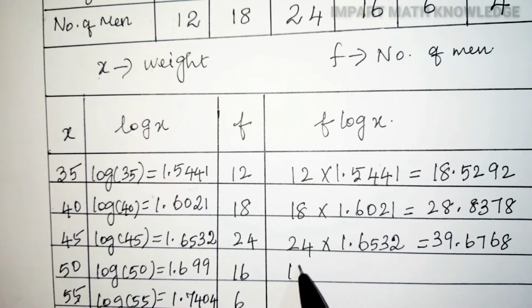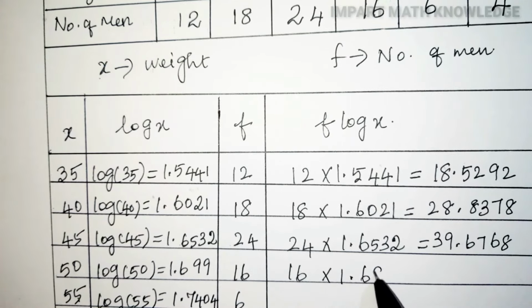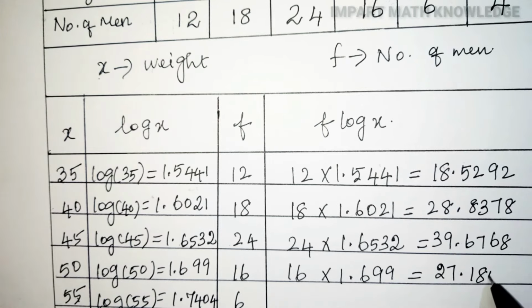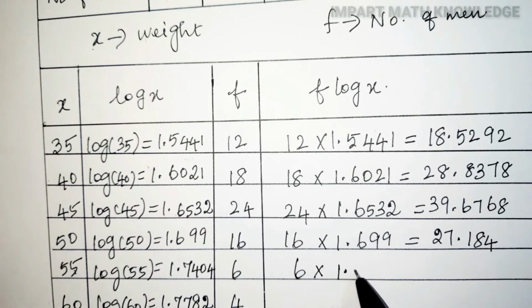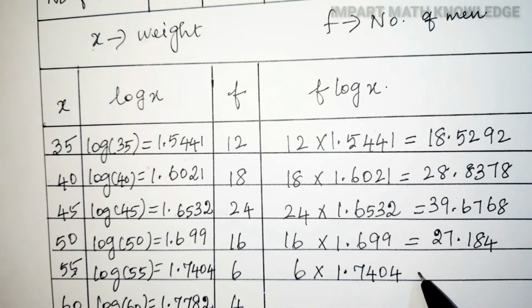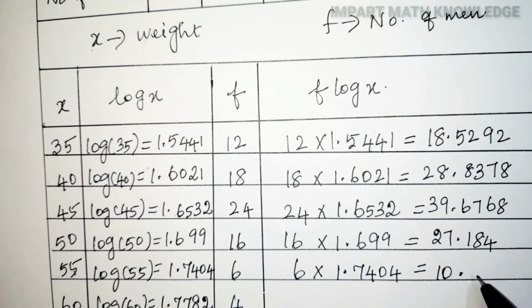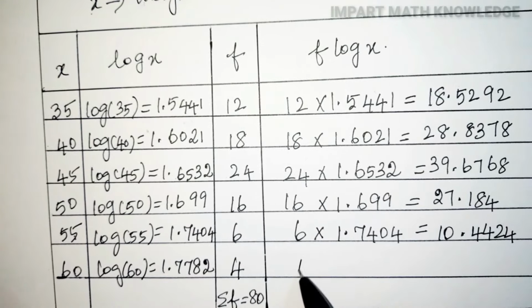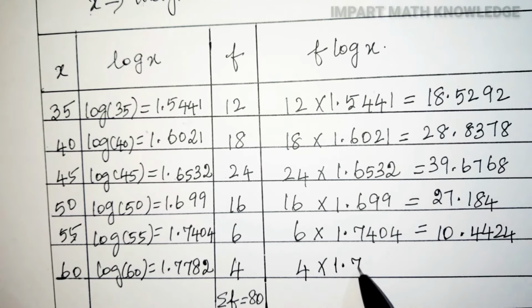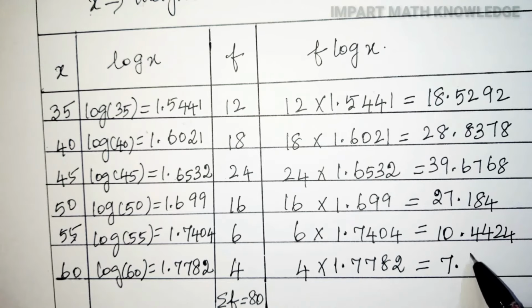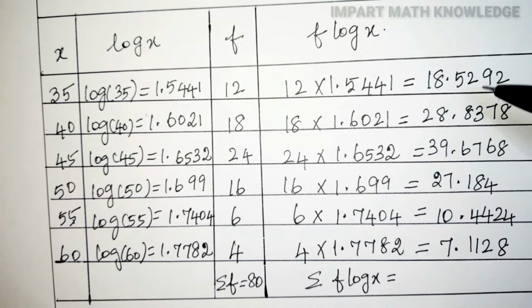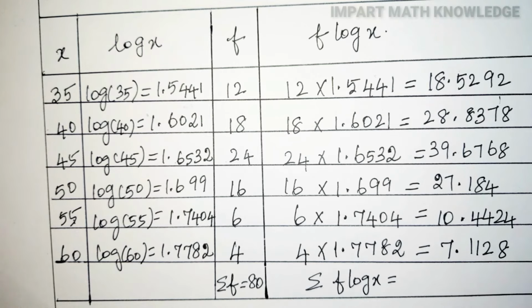And the next one, 16 into 1.699 is equal to 27.184. And the next one, 6 into 1.7404 is equal to 10.4424. And the next one, 4 into 1.7782 is equal to 7.1128. We have to take the total for these values.